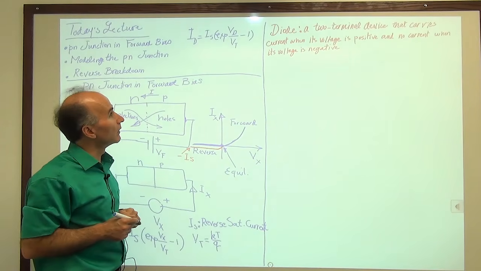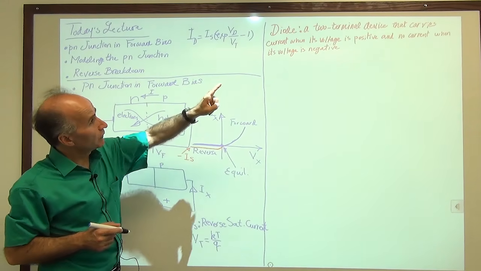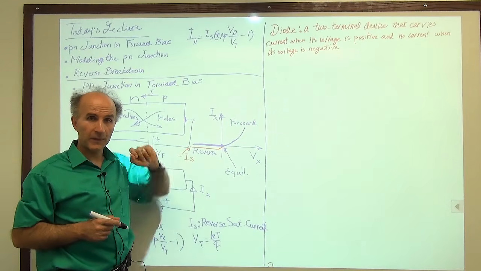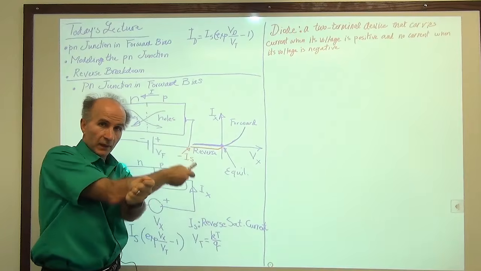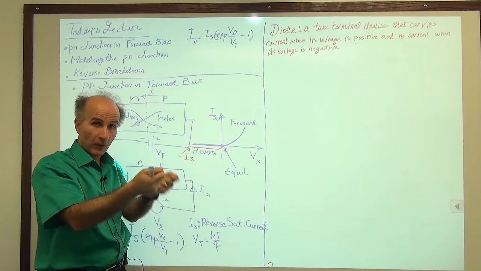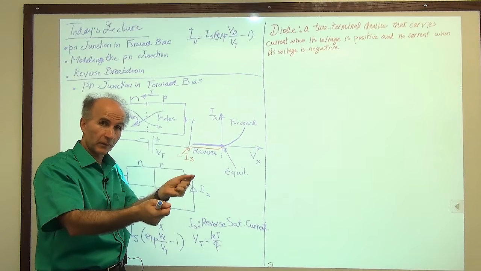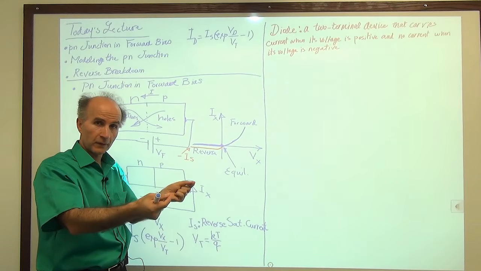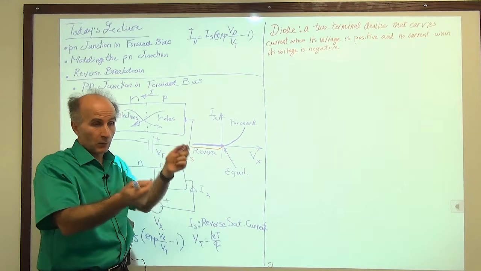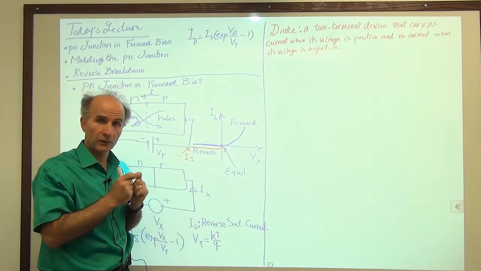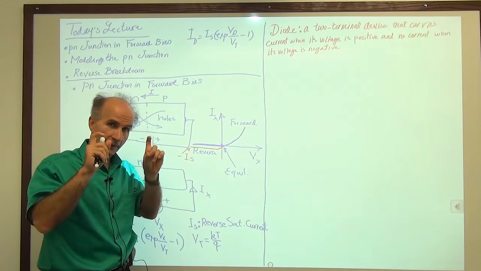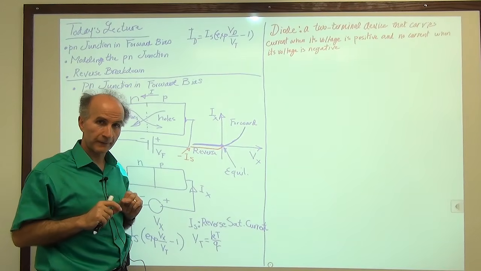Okay? Now, if I have a two-terminal device and I'm saying that when the voltage is like so, we have current, and when the voltage is like so, we don't have current, somehow I have to distinguish between one terminal and the other terminal. For a resistor, we don't have a problem. When you switch the polarity of voltage, we also switch the polarity of current. But here, we need to distinguish between the positive terminal and the negative terminal.